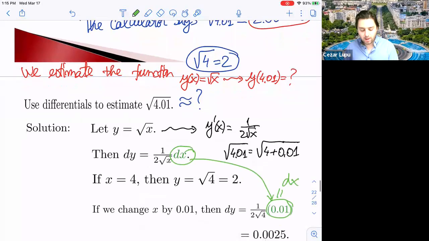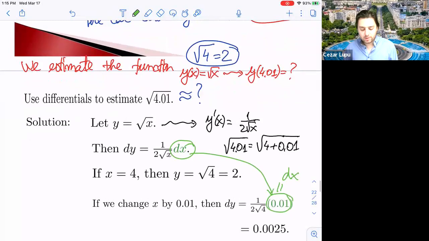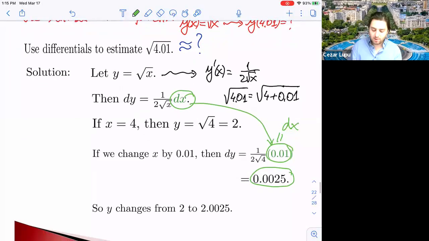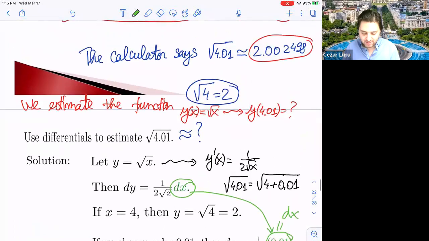And now we're just going to plug in, and the change will not influence that much, so it will be 0.0025. So at the end of the day, y will change from 2 to 2.0025. So let's see, are we close to the calculator here? What did the calculator say?